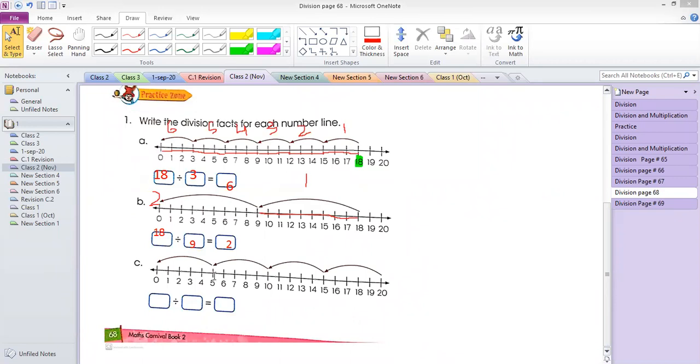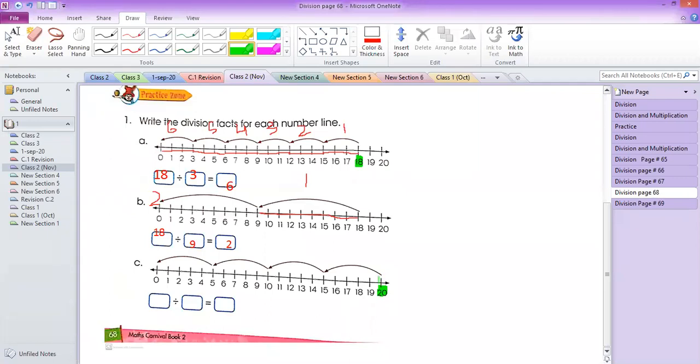So here you can see that we are dividing 20, that's why the dividend is 20. How do you know that we are dividing 20? Because from 20 we are counting back. From which number did we start counting back? 20. So that means 20 is being divided.